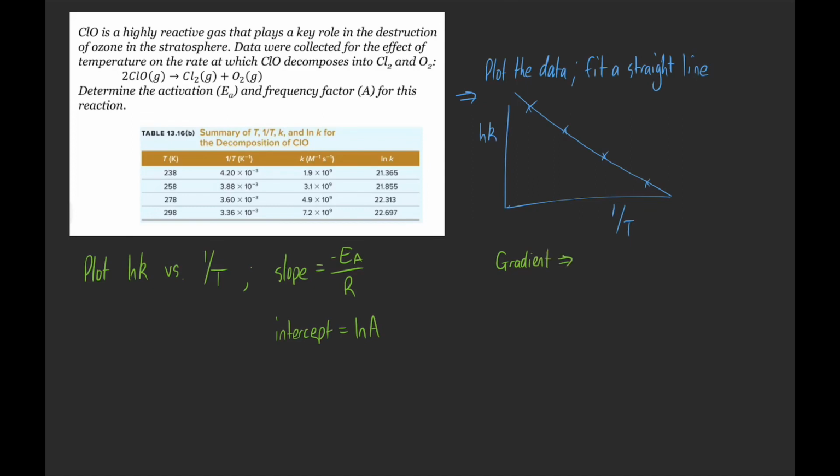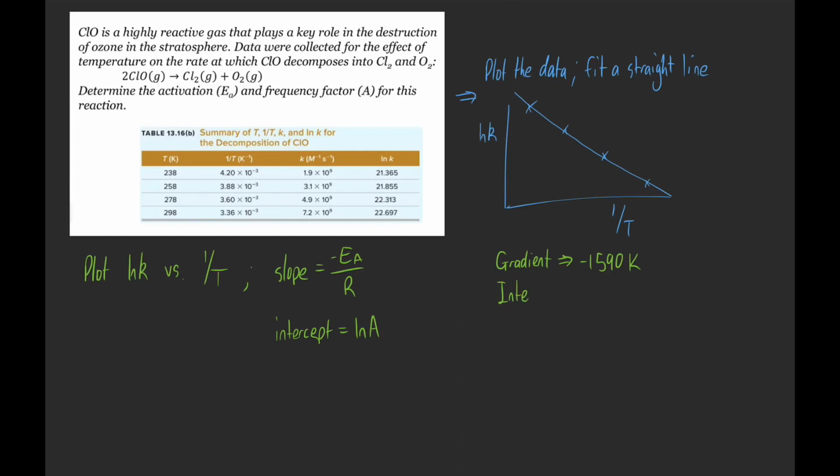We find that the gradient is equal to minus 1590 Kelvin. Remember that when we find a gradient, we're taking delta y, the change in y, over the change in x. So we have 1 over T in our denominator, which brings the units of temperature, the Kelvin, into the numerator of the value of our gradient.